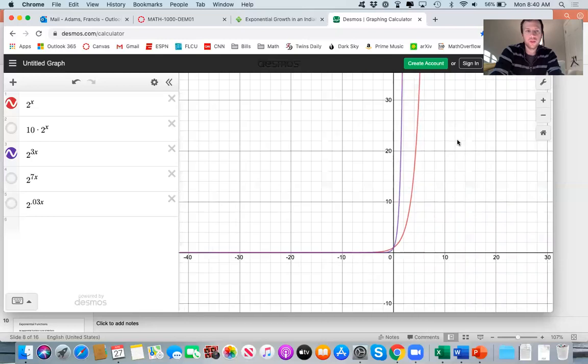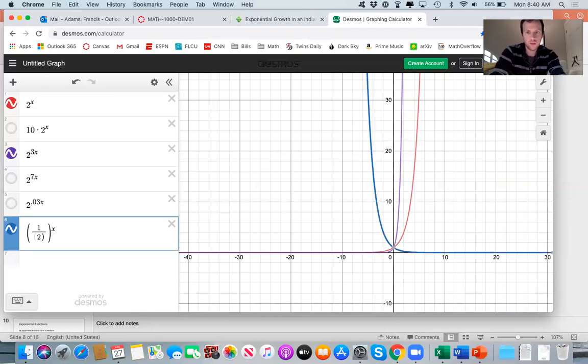What's also worth pointing out is if we go this other way, so 1/2 raised to the x. That's the same shape, but now it's reversed.